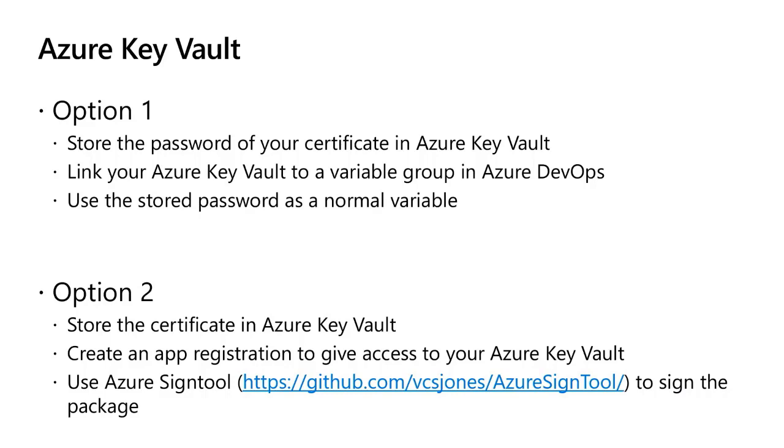So in the command line, you can set up the connection to Azure Key Vault. You can set up the URL of Azure Key Vault, your token to access Azure Key Vault, and that's it. The tool will take care of going to Azure Key Vault, getting the certificate, and signing the package for you.